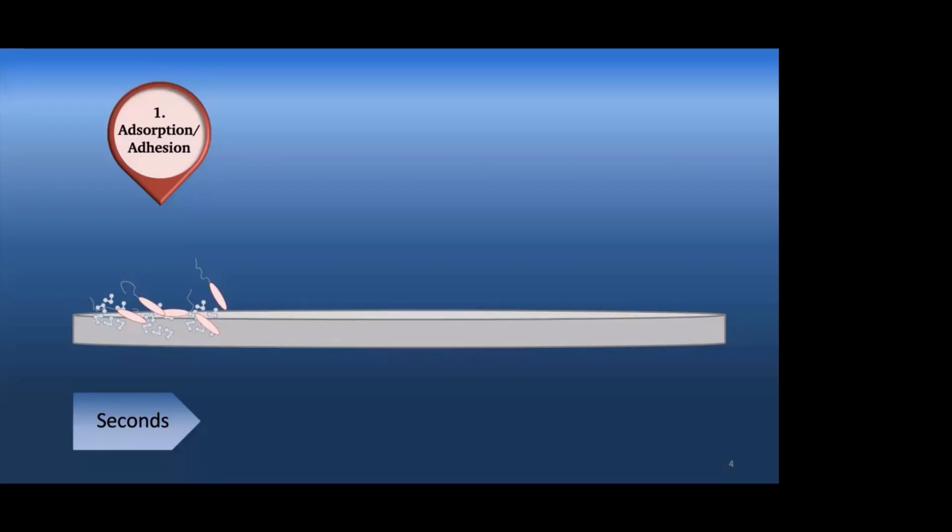First, you have adsorption, which is reversible because they are not yet fixed on the substrate, and then adhesion, which is irreversible. Adsorption is purely physical, and adhesion is when the bacteria start really being attached to the surface. That is when biological processes start, like when the bacteria start producing microfilaments, which will attach them to the surface.